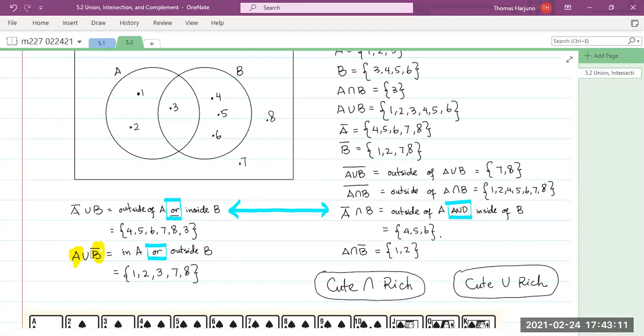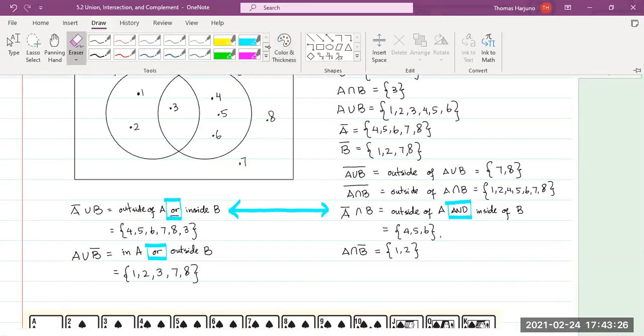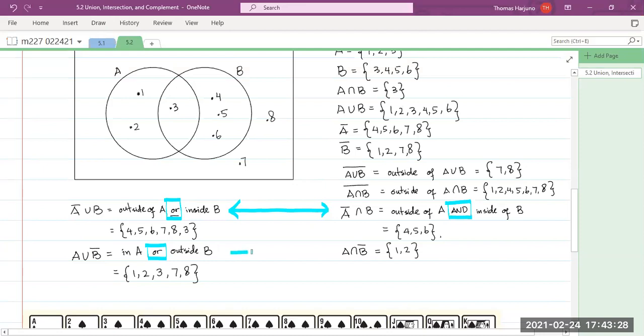As long as it is outside of B, you count it in. That's for or. Now, for and, on the other hand, the one right next to it, for and, compare.